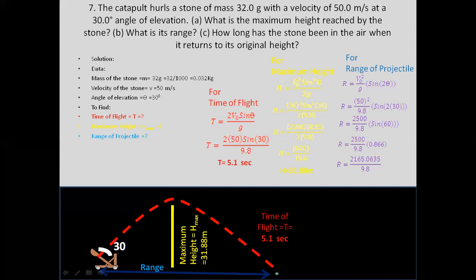Multiplying 2500 and 0.866, we get 2165.0635 divided by 9.8. When we do that, we get a value of the range, which is 220.9248 meters, and this is the range of that projectile.